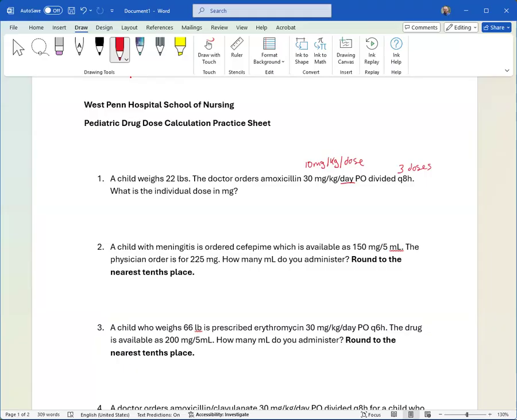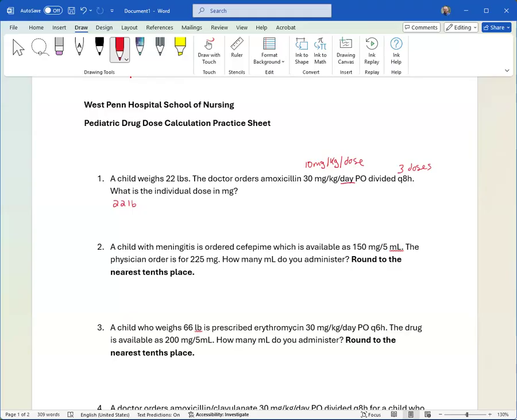I do need to convert pounds to kilograms, but because I'm not sure how your school or the West Penn school does their rounding rules, I'm just going to write this out using dimensional analysis without just dividing by 2.2.